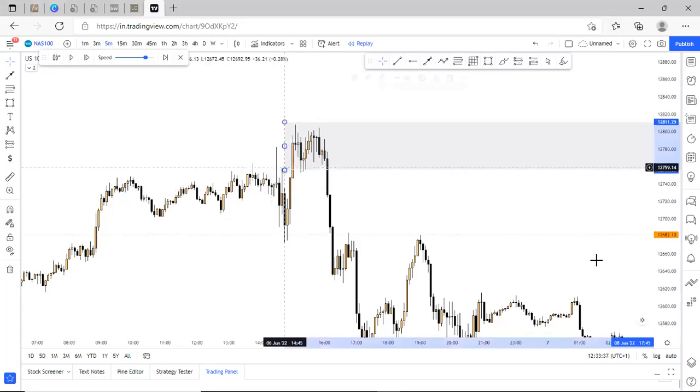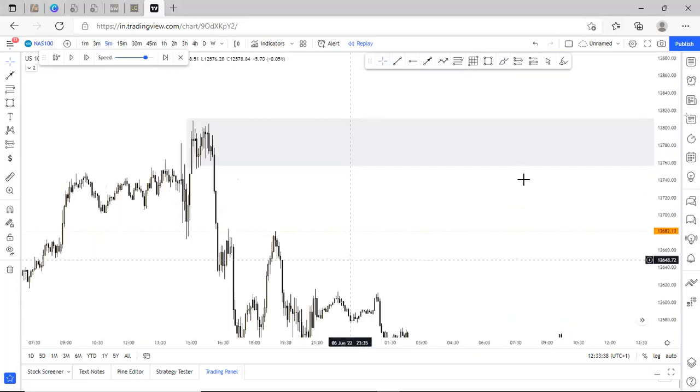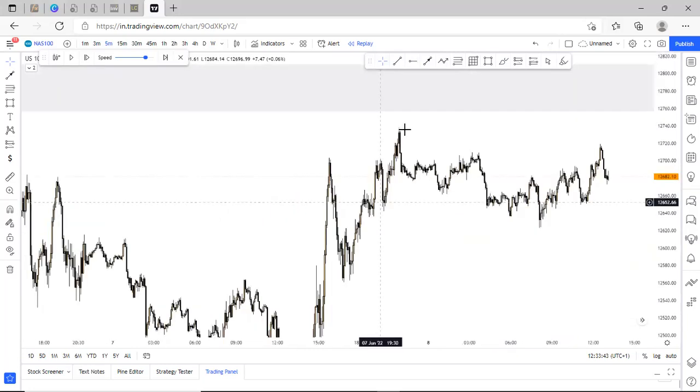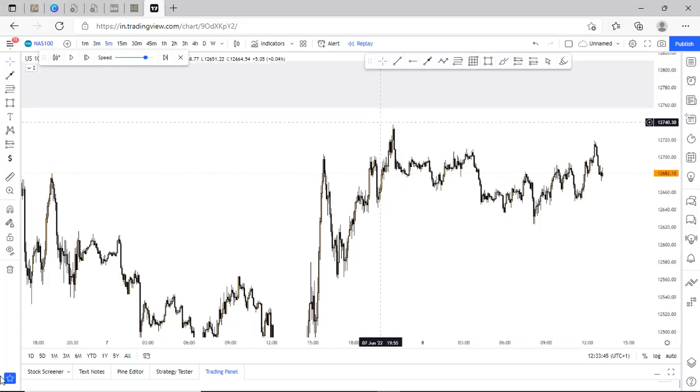And at this point in time, when price tapped this higher time frame point of interest, it was during the London session. And as you all know, during the New York session is when Nasdaq and other indices normally move fast.